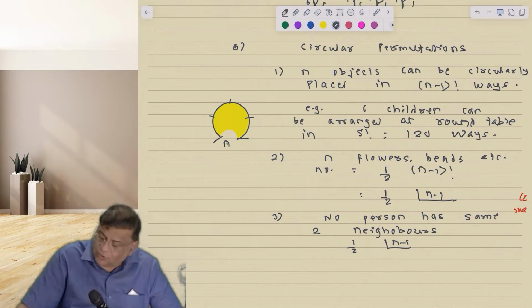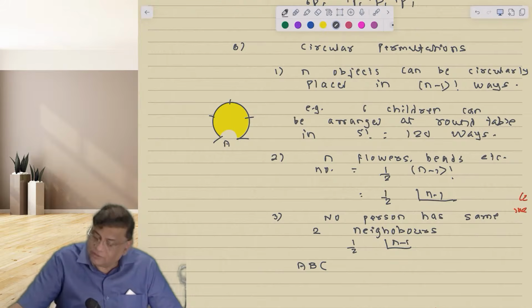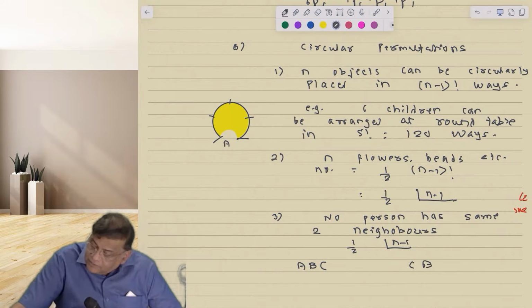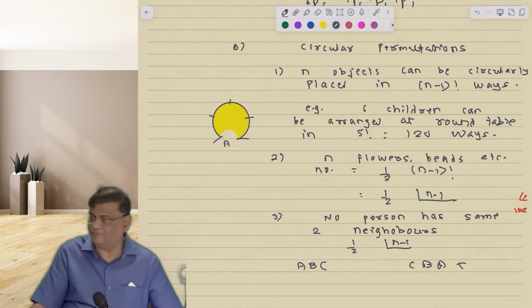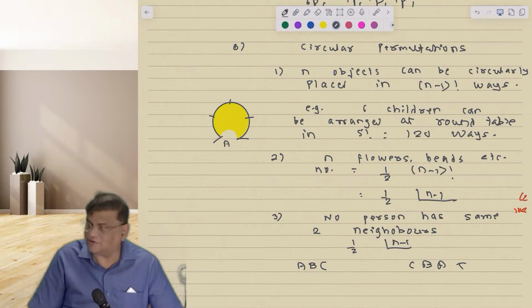Why? Because when you say ABC, who are the neighbors of B? Then CBA is not allowed. Why? Because again, B's neighbors are same. Only thing is that neighbors are interchanging the places.